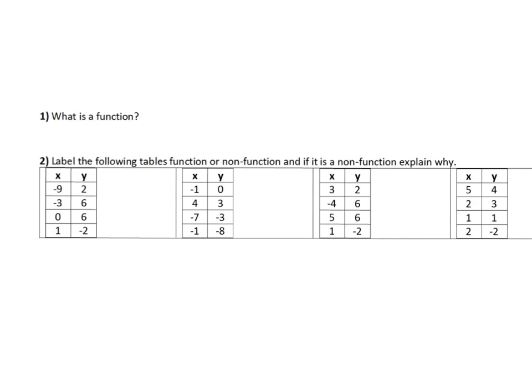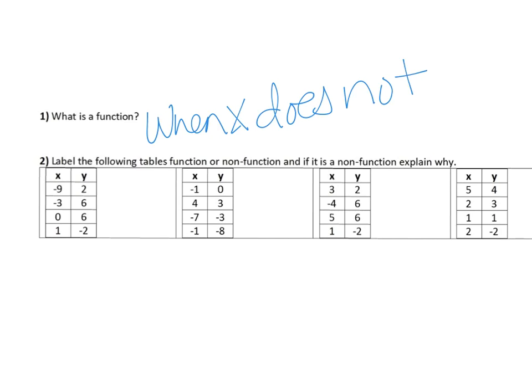We are here to go over the spring semester review for your final exam that will be next week, starting with number one. Number one, what is a function? A function is when x does not repeat.